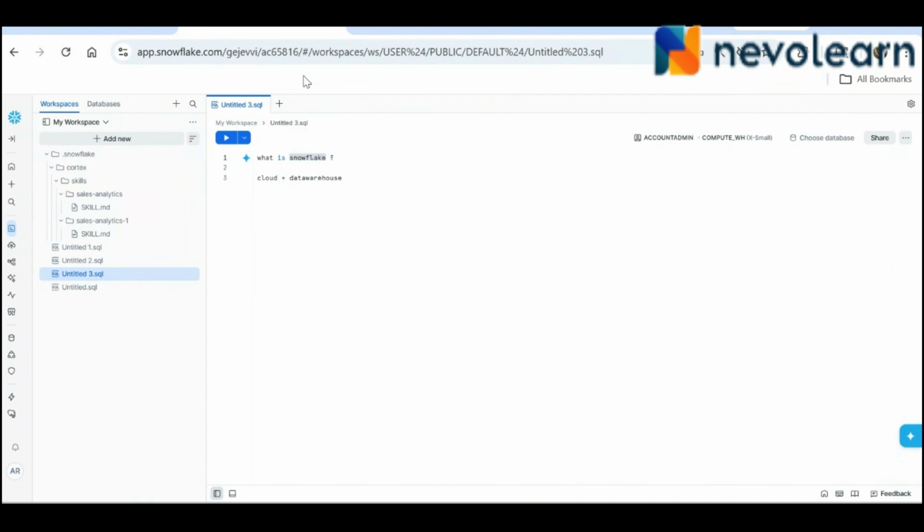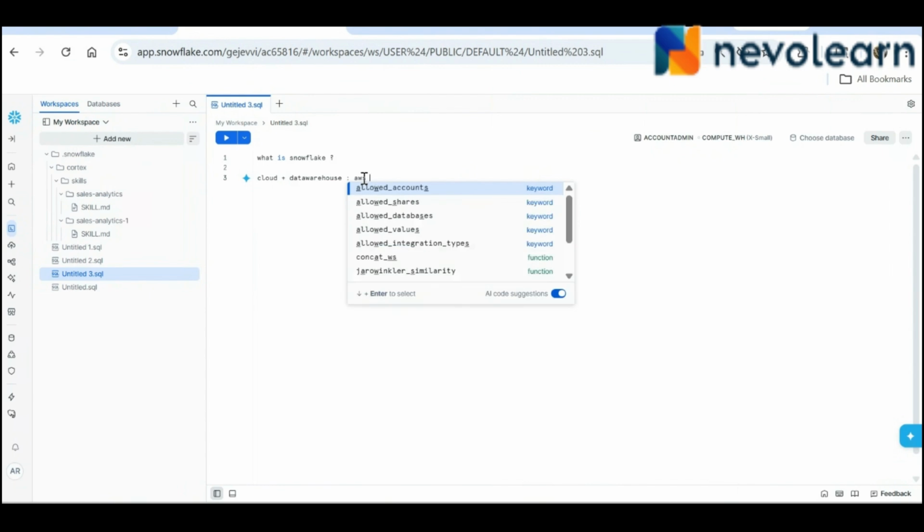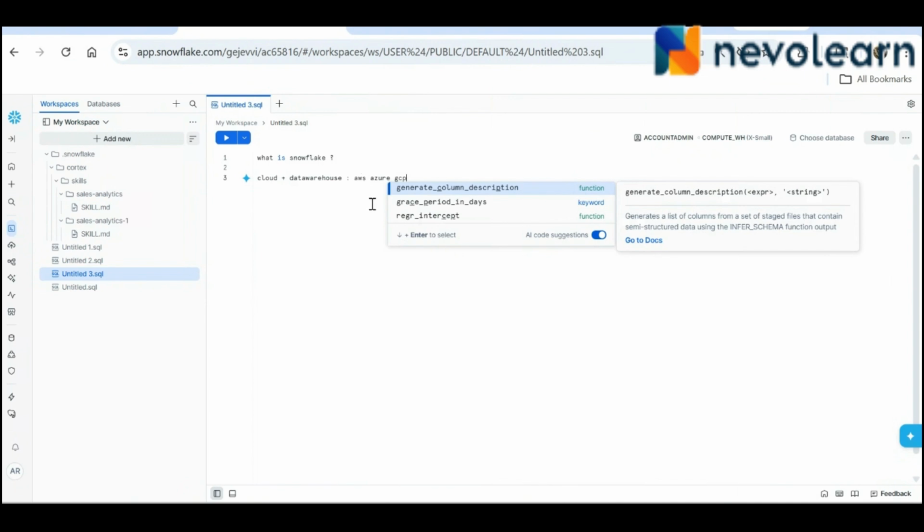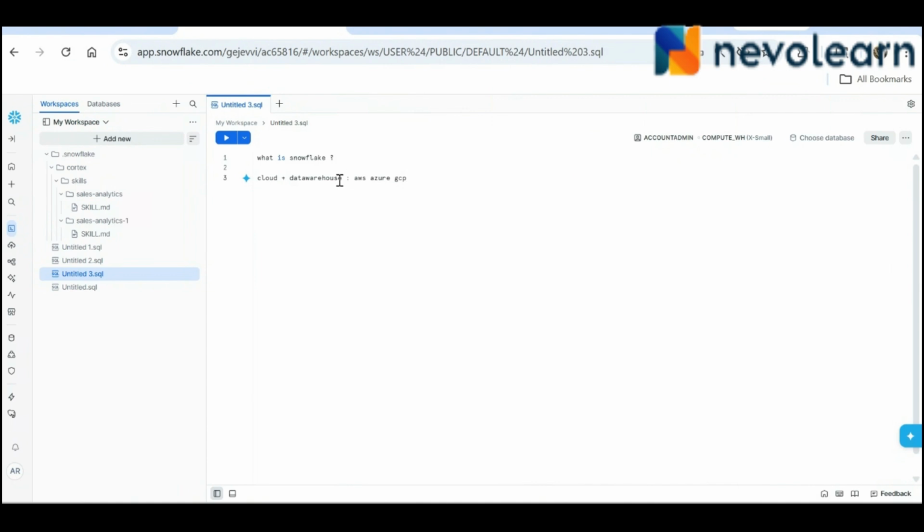deploy that particular account on any one of these clouds: AWS, Azure, or GCP. Any one of these three clouds you have to choose, and you have to deploy your account on it. You may deploy your account on AWS, on Azure, or on GCP.